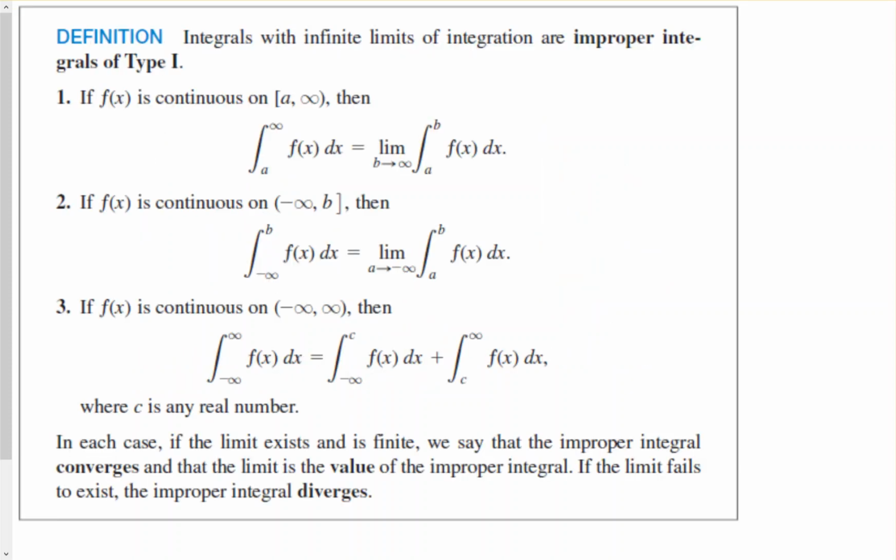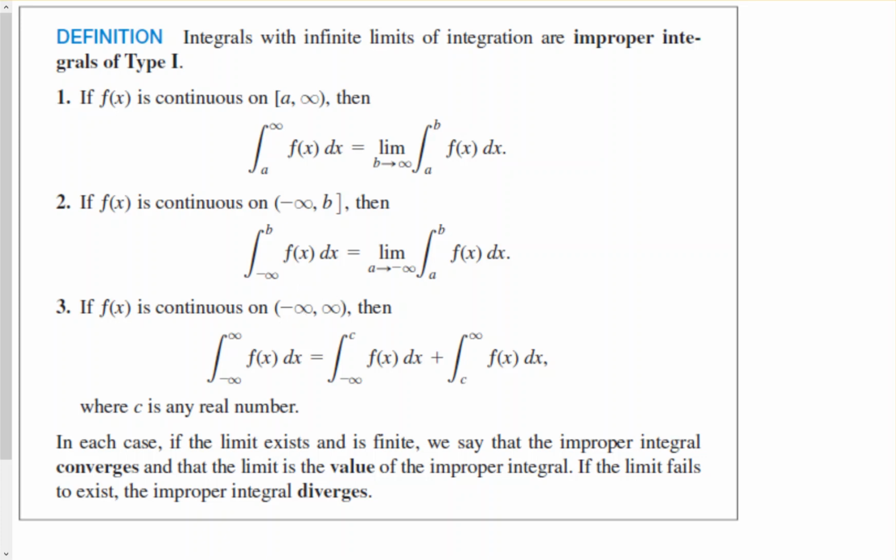We have some definitions of improper integrals of type 1. Okay, so type 1 we have these integrals. Either one of the bounds is infinite or negative infinity, or both bounds are infinity, negative and positive.